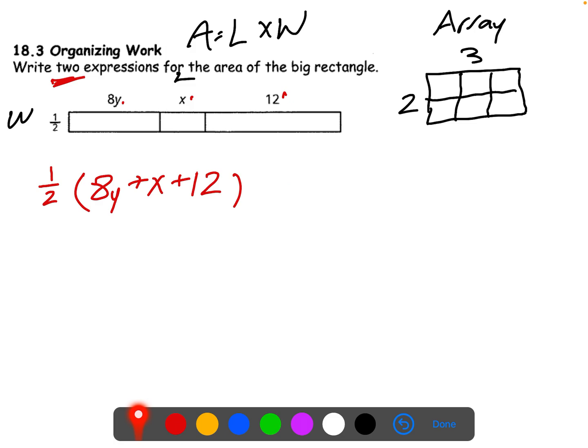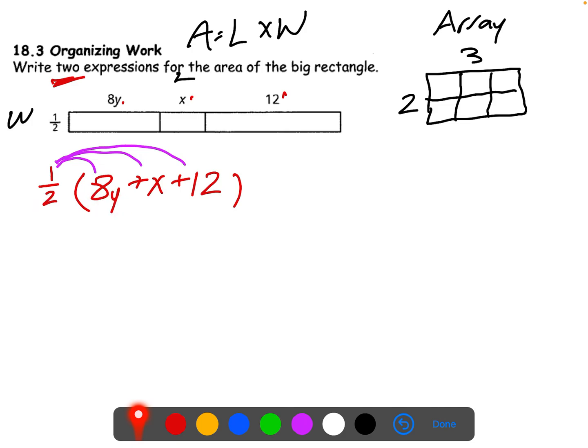Now, the way to write a second equivalent expression for this would be to actually multiply 1/2 times each of these things. That's the distributive property. So, using a different color here, if I have to multiply 1/2 times each part of the length, I'm going to do that to the best that I can. I obviously can't get rid of these variables since I don't have the value of those variables. I can't simplify it much, but I'm taking 1/2 of 8y.